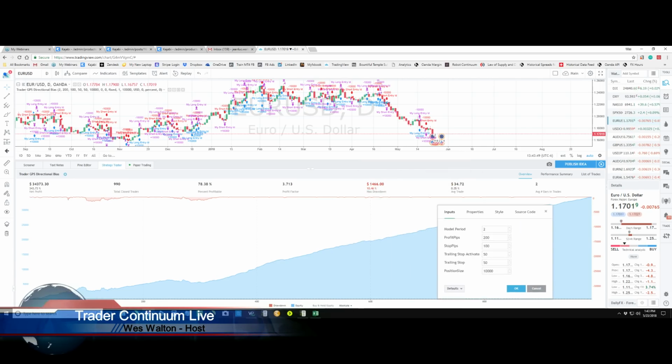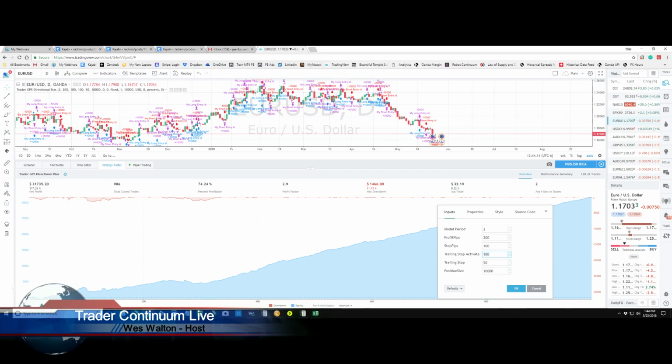Let's change our trailing stop activation to, I don't know, 100 pips, which didn't change our drawdown any. And that's what we're looking to do right now, is change this drawdown. This drawdown is at 14%, and I'd rather have that drawdown lower. We're already looking at a 317% net profit.